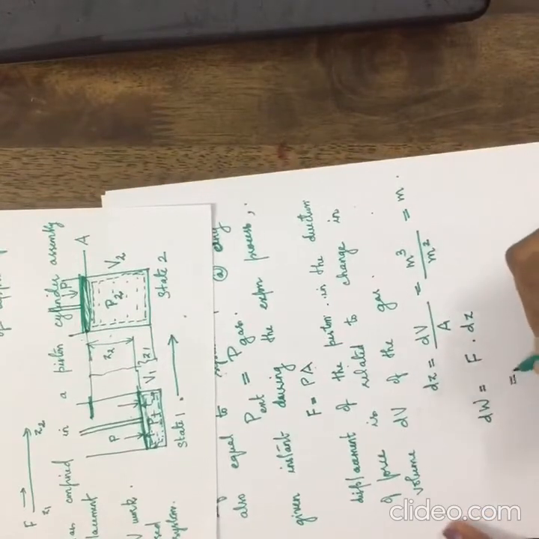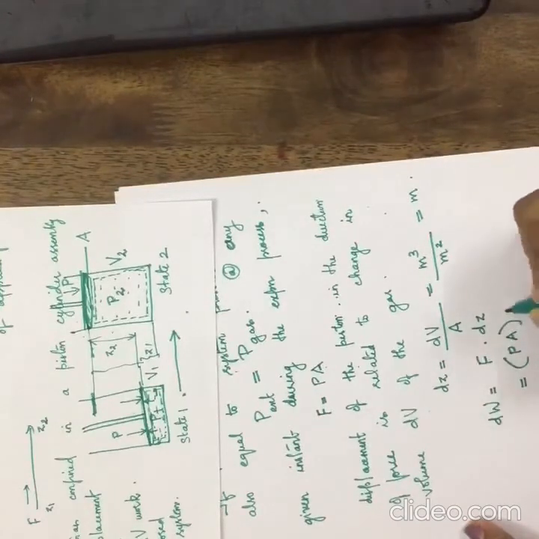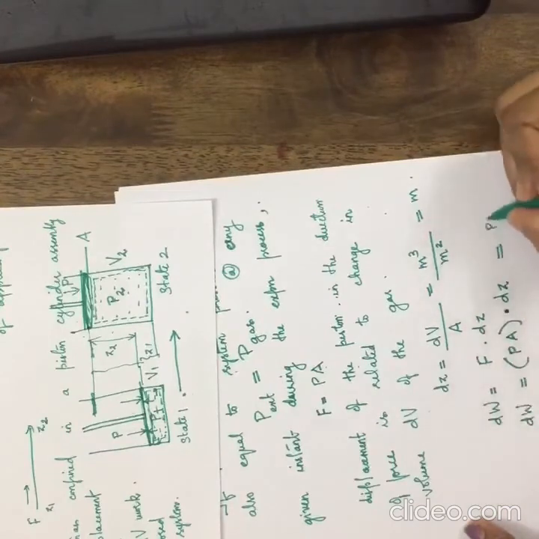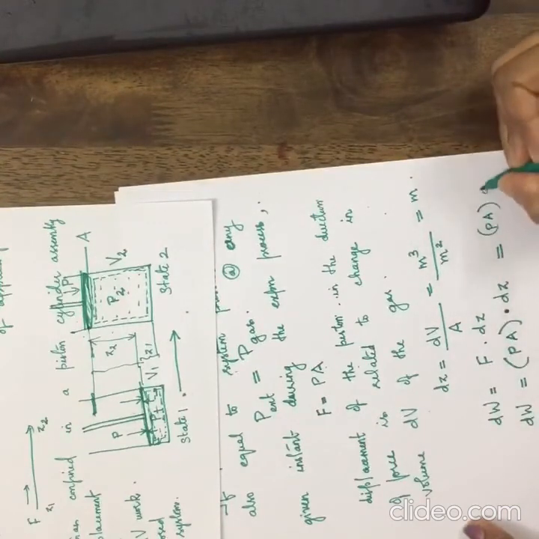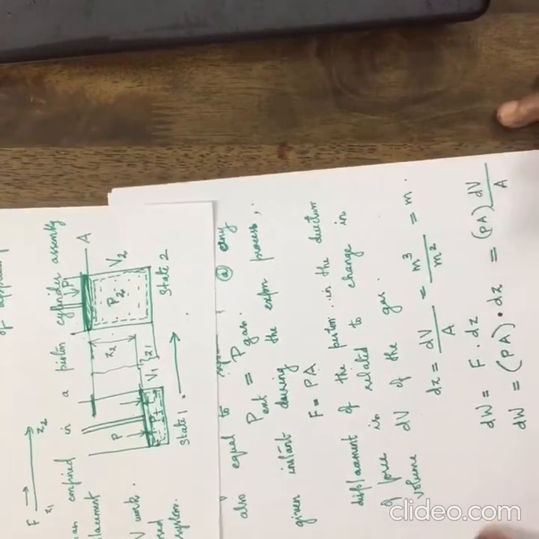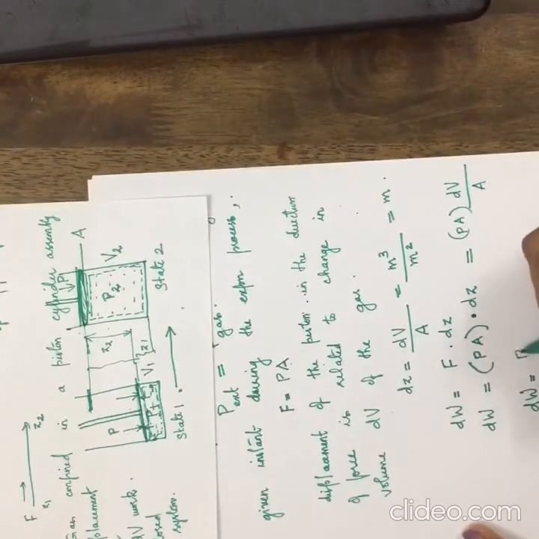The force acting on the piston can be replaced in terms of P into A, multiplied by dz, which is equal to PA. dz can be replaced in terms of dV, so dV by A. So the differential amount of work done, dW, is equal to P into dV.